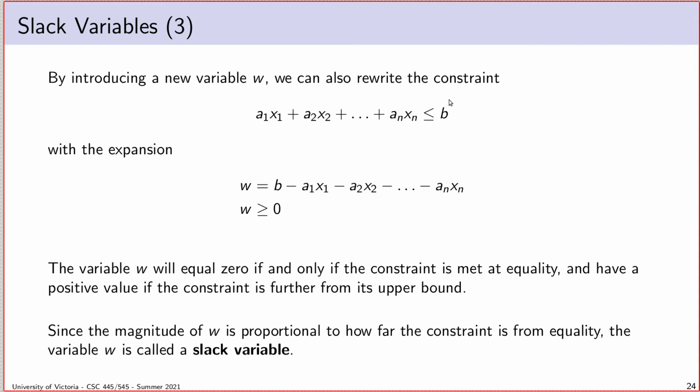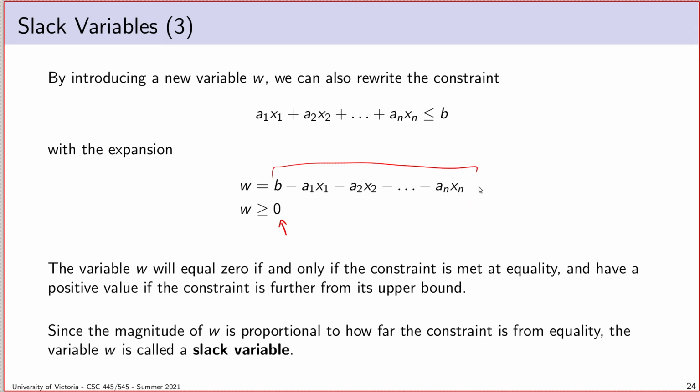I could take this constraint and write it as W equals that stuff from the previous slide. And W is guaranteed to be greater than or equal to 0. In other words, this is always greater than or equal to 0, and we'll just define whatever it comes out to be as a variable called W. So we're now defining a variable to be the slack between this constraint and the number 0.